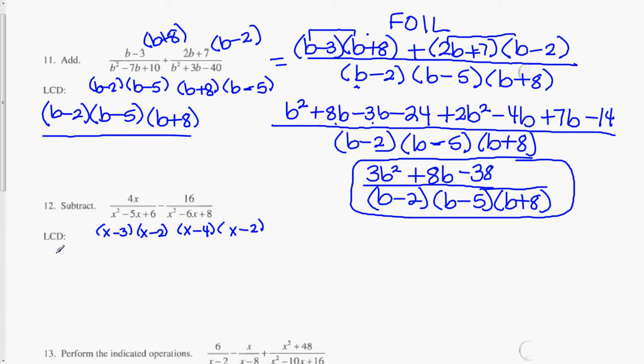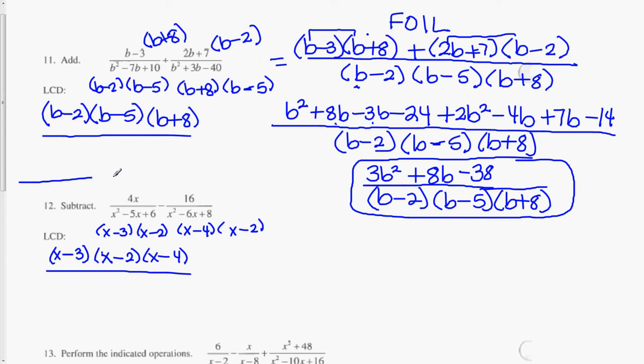So my LCD, I'm going to write down the first denominator, x minus 3, x minus 2, and then I'm missing this x minus 4 that's in that second denominator, so that's going to go right there. All right, so there is my LCD.